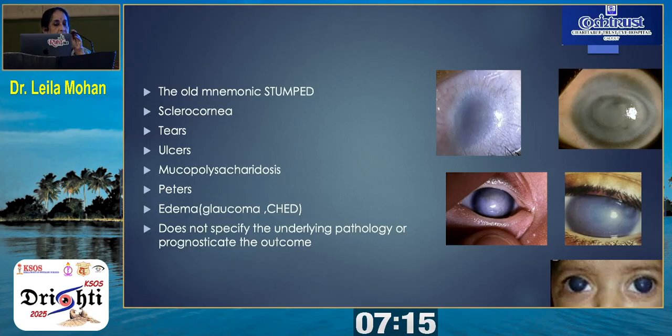The old mnemonic STUMPED: sclerocornea, tears, ulcers, mucopolysaccharidosis, Peters, edema like in glaucoma, and CHED, does not specify the underlying pathology. So now this is no more followed.